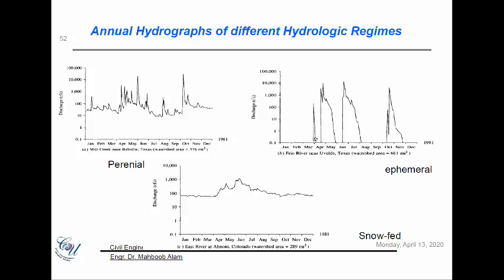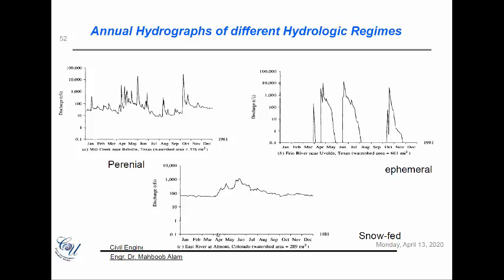Or maybe there is a dam somewhere and that dam has opened its spillways, and the discharge going through those spillways has shown up here. But this is not a perennial river. There is no flow in certain parts of the year, and then there is flow at other times of the year.